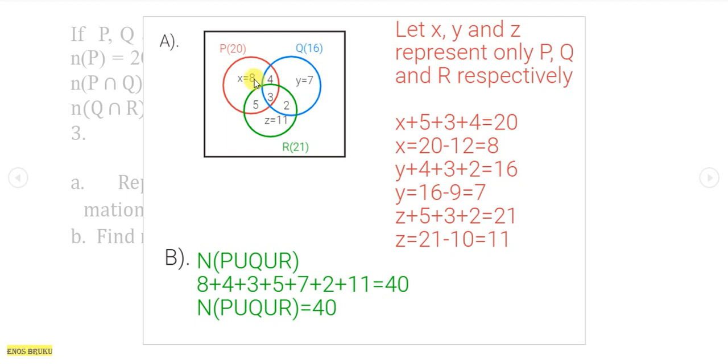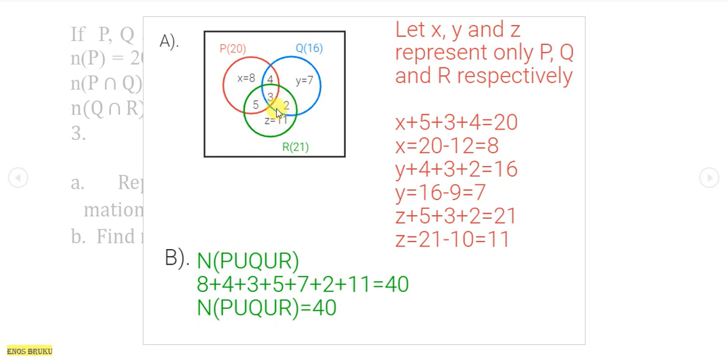So you start from here: 8, 4, 3, 5, 7, 2, and 11. If you put them all together, that is the union. Union always means unite, put things together. You have to be careful because if you don't take time, you add 8, 4, 3, and 5, and then you come and start here 7, 4, 3, and 2.